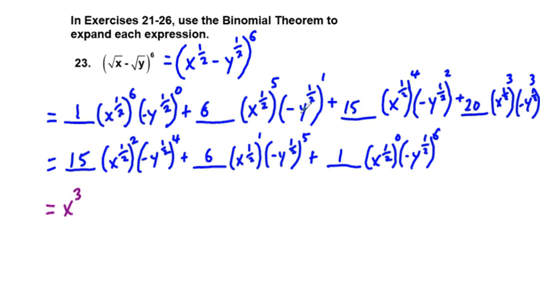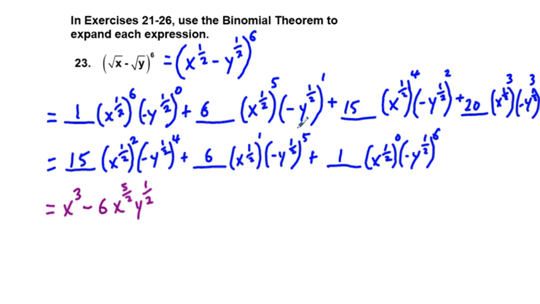For the next one here, we're going to get this negative y to the 1/2 power, and we're multiplying this to the power of 1, so we're still going to have a negative sign out front. So we're going to have negative, and the 6 will stick with this. We're going to have x to the 5/2 power, and it's going to be y to the 1/2 power.